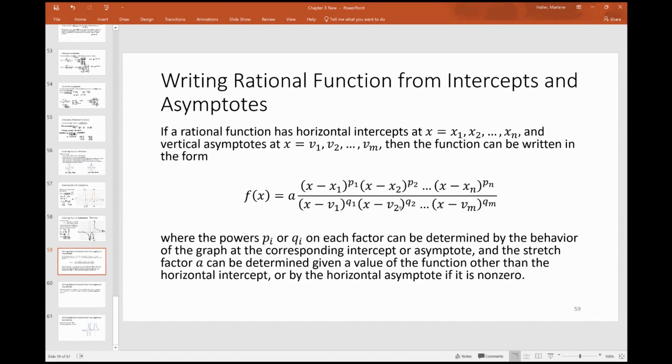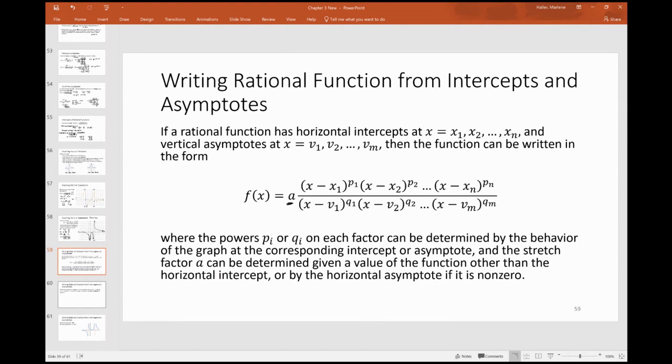The denominator is going to be factors of some polynomial. And we can determine those factors, right, if we know the horizontal intercepts and the vertical asymptotes. And then there might be some stretch factor that we would have to put in front. We could probably use a clear point on the graph to determine that stretch factor.